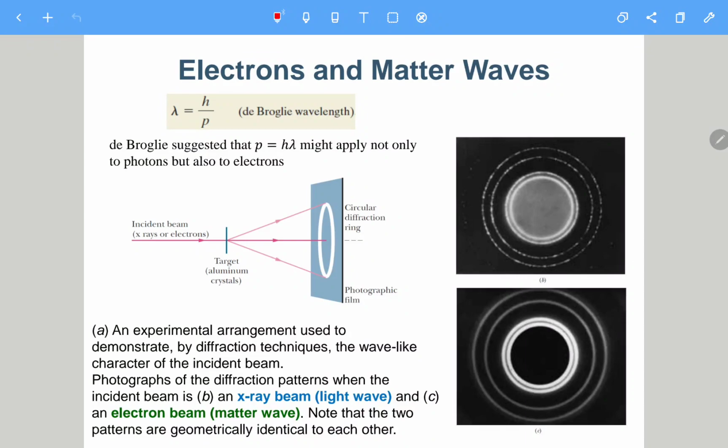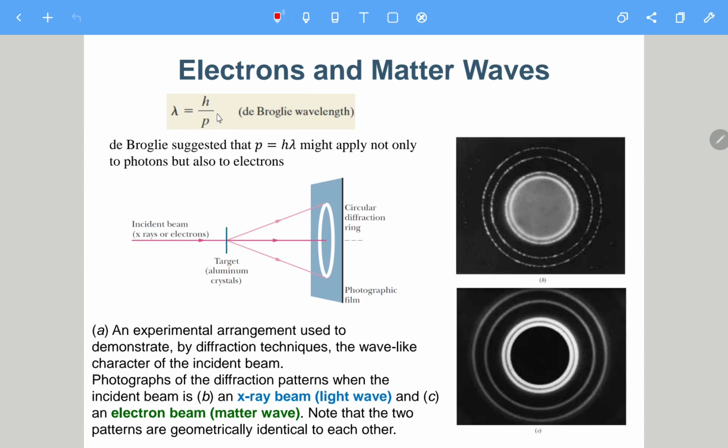Yesterday I mentioned that in 1916 Einstein proposed that the photon should have a wavelength as h over p, or p equals h over lambda.